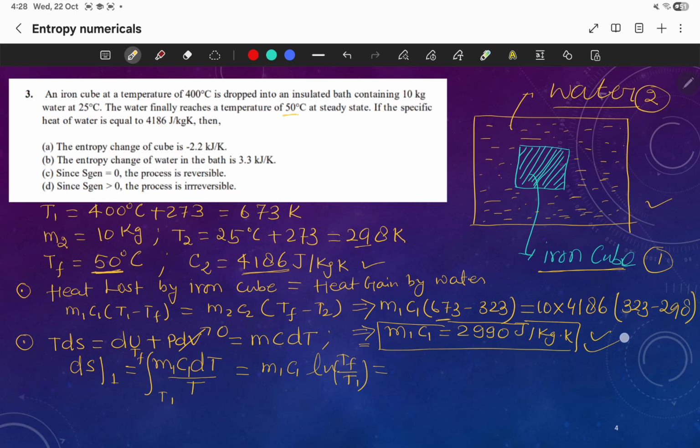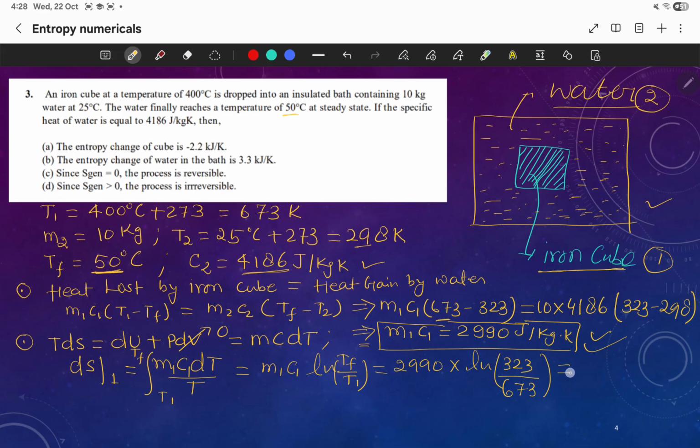M1C1 we already got from here, so just put all the values. We will get 2990 into ln of TF upon T1, which is 323 upon 673. Sorry, 298 is for water; 323 upon 673 is for iron.